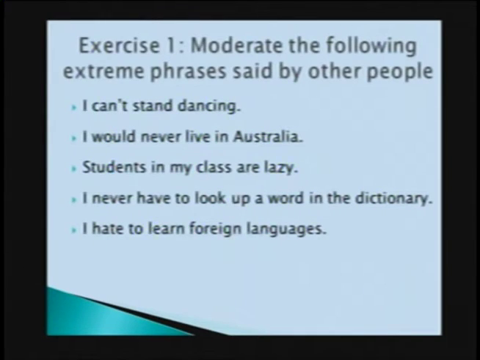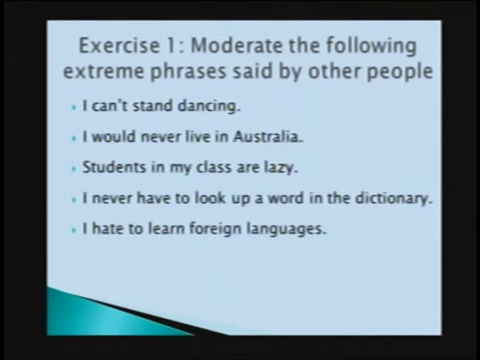Number three, students in my class are lazy. So they don't like to work. They are lazy. Number four, I never have to look up a word in the dictionary. Who would say that? Do you think the person is showing off? Is the person showing off?